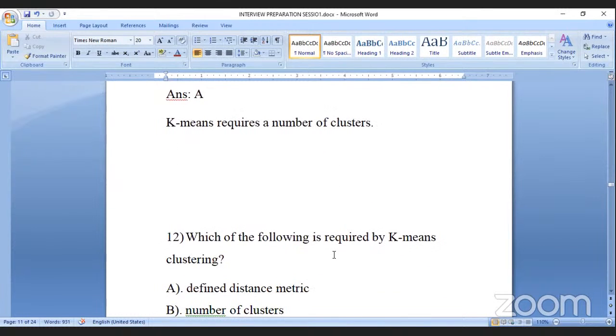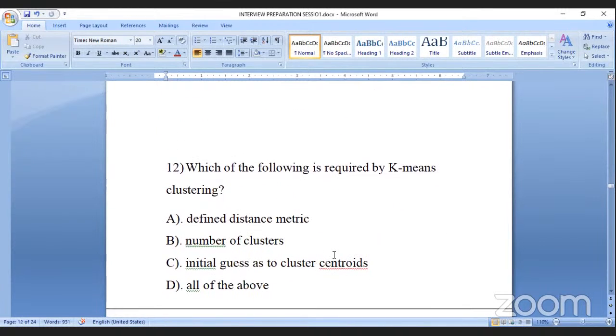So the next question is, which of the following is required by K-means clustering? Option A, define a distance metric. Option B, number of clusters. Option C, initial guess of cluster centroids. Option D, all of the above.